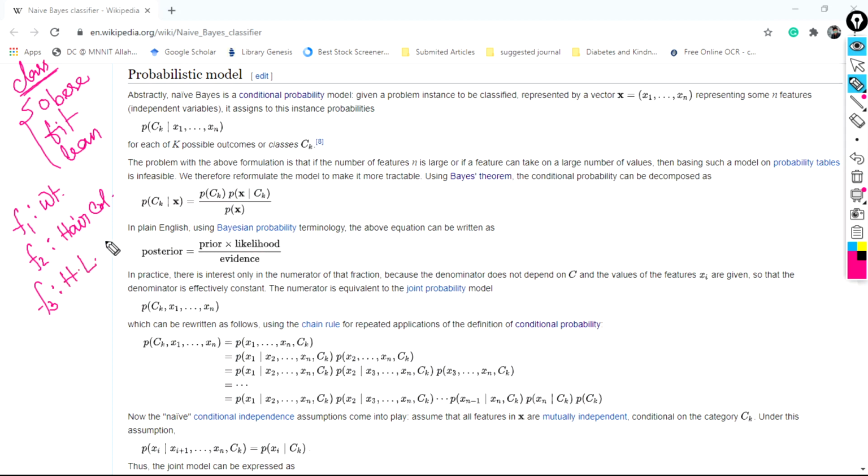Weight is a real-valued feature. Hair length is also a real-valued feature. Hair color is a categorical feature. And another feature is eye color, which is also a categorical feature.